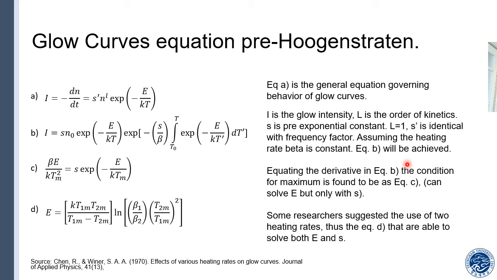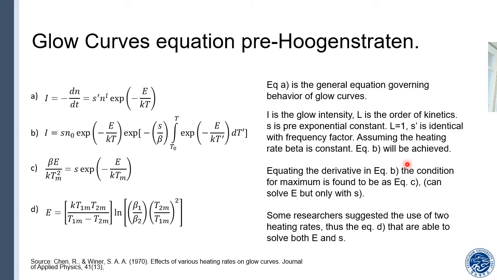Assuming the heating rate beta is constant, equation B will be achieved. And then equating the derivative in equation B to zero, the condition for maximum is found to be equation C.